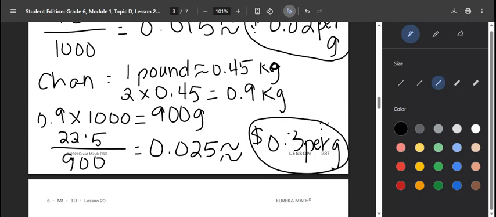Per gram. So it looks like once again the Perez family has got the best deal.